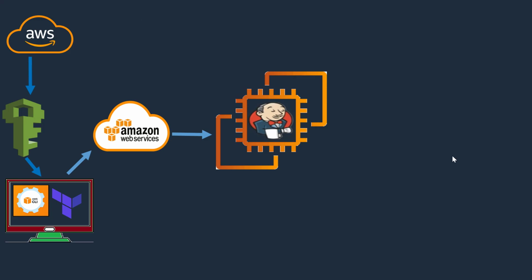Once Jenkins is done, we are going to integrate GitHub with Jenkins. At the same time, we are going to create a Docker container in the same EC2 instance.